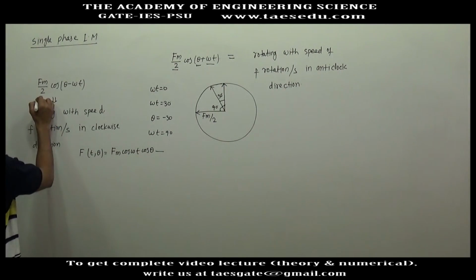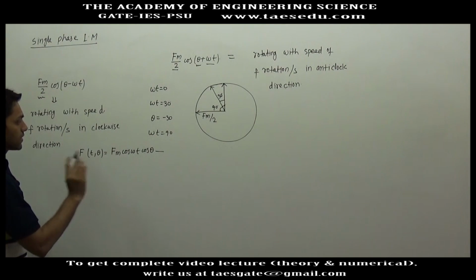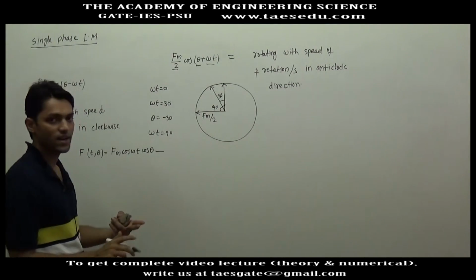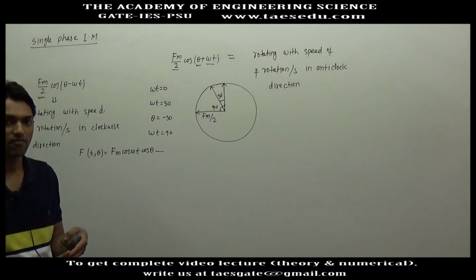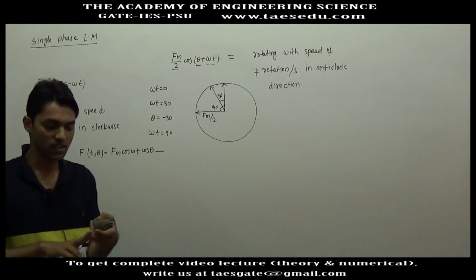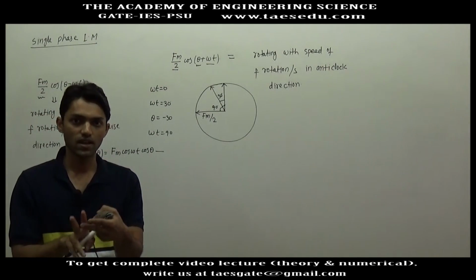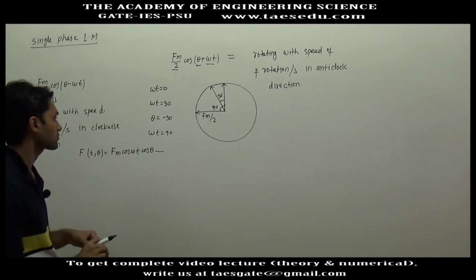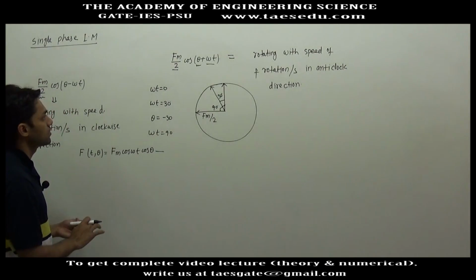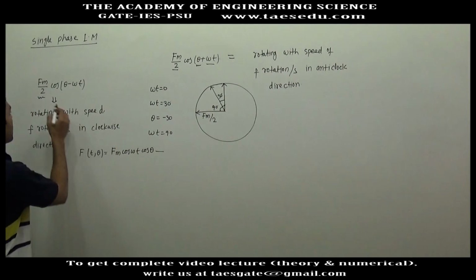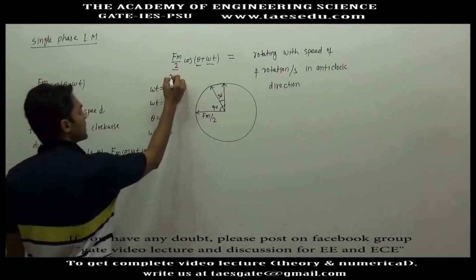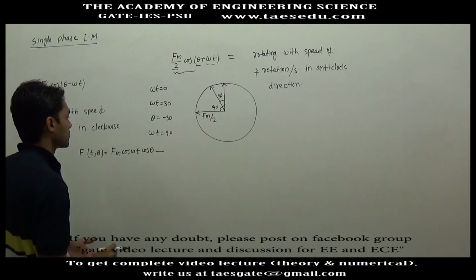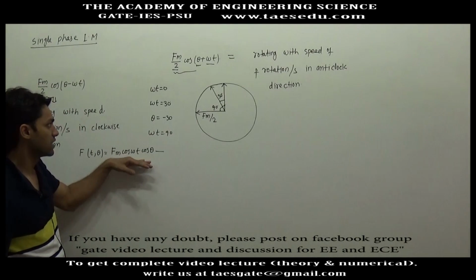It can be viewed as, there are two magnetic fields of magnitude Fm by 2. One is rotating in clockwise direction and another is rotating in anti-clockwise direction. So in one diagram, I will draw this magnetic field as well as this magnetic field. So we will have variation of this complete magnetic field.